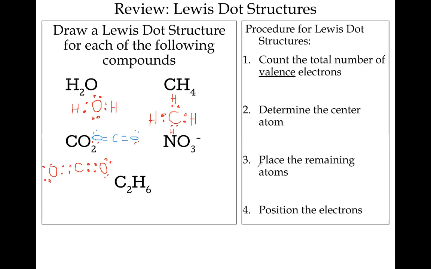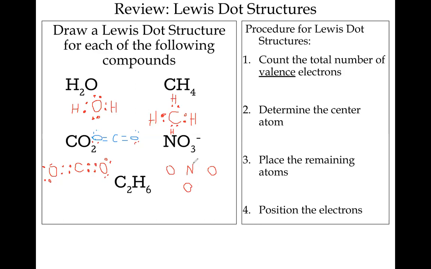NO3, well, we have N in the center, and then we have oxygen, oxygen, and oxygen. And then we add in our valence electrons. So let's see, what's nitrogen?